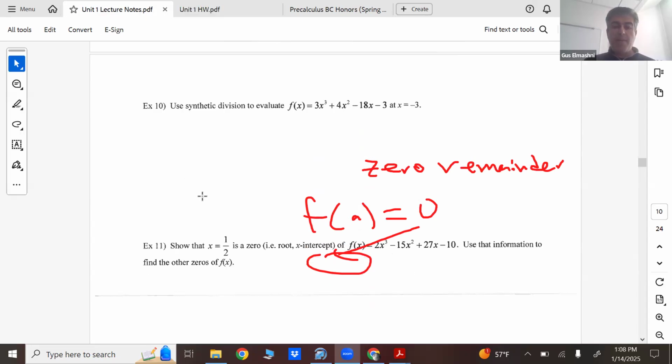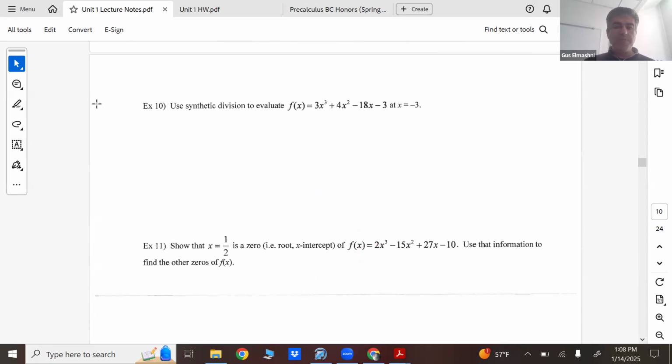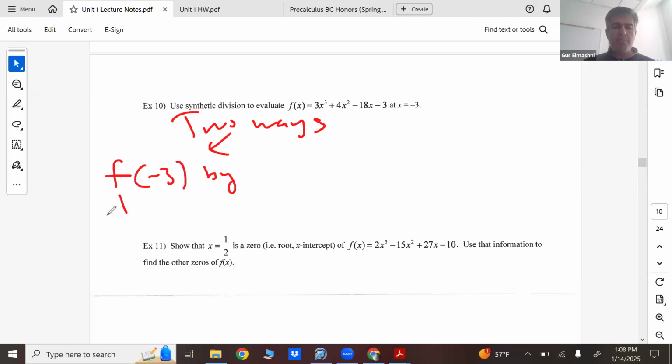Use synthetic division to evaluate that. So here's what you do. You could do it 2 ways. You do f of -3 by direct substitution, which you could do, but it could take a while.